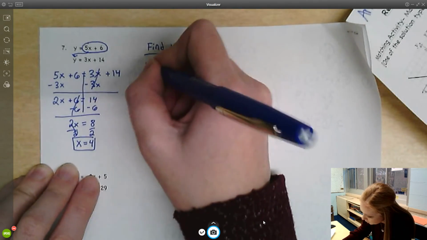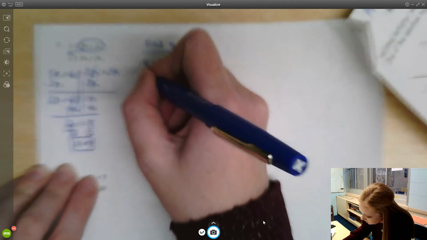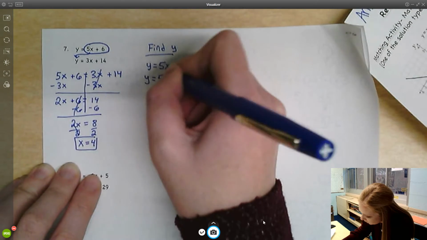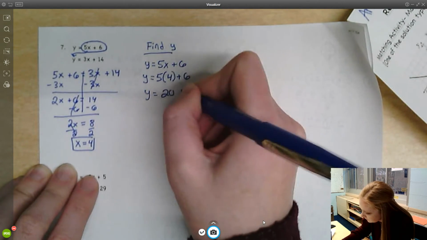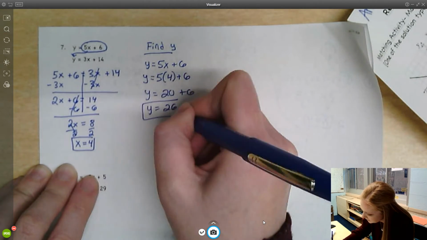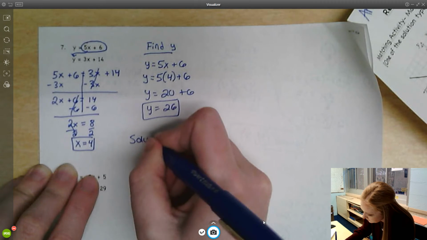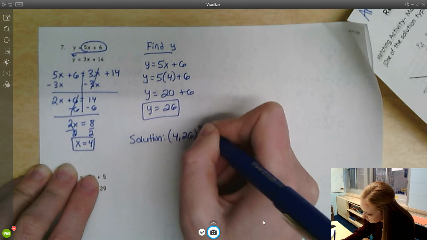So you can pick whichever one you want. I'm just going to pick the first equation. They both look similar easiness levels. Plug in 4 for x and figure out what y is. 5 times 4 is 20. 20 plus 6 is 26. Our solution is 4, 26.